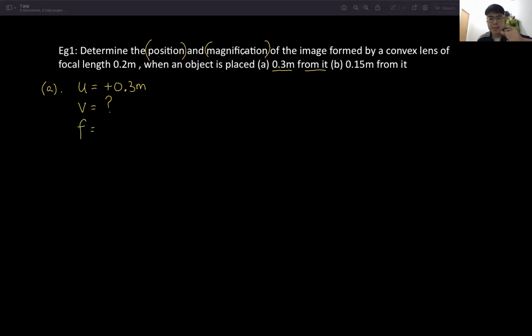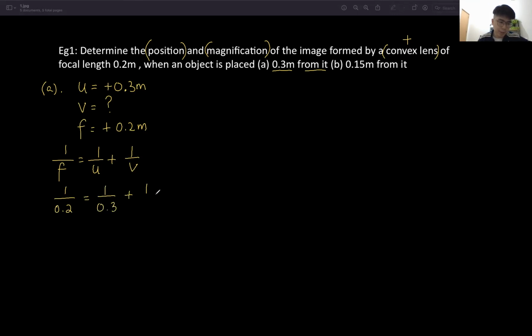What lens is this? Convex lens. What is the sign? Positive. So it's a positive 0.2 meter. Do 1 over f equals 1 over u plus 1 over v. So 1 over 0.2 equals 1 over 0.3 plus 1 over v.